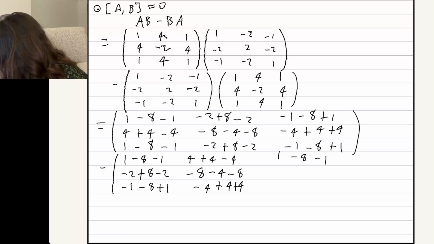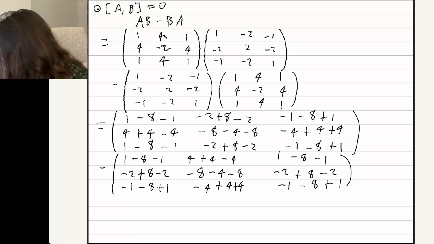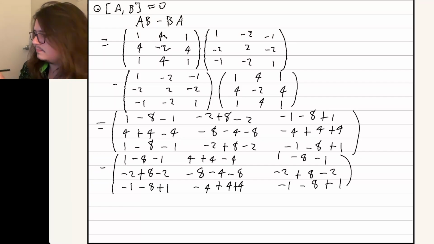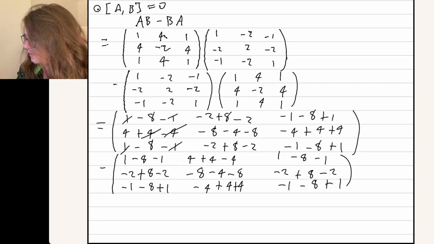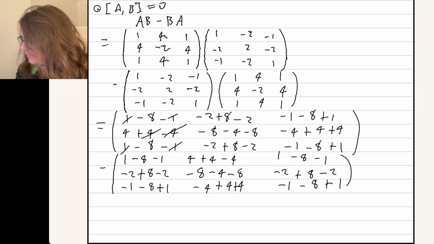Yeah. And then minus 2 plus 8 minus 2, and then minus 1 minus 8 plus 1, right? So yeah, these are the same. 1 cancels out 1, 4 cancels out 4, 1 cancels out 1, and then other stuff happens as well.